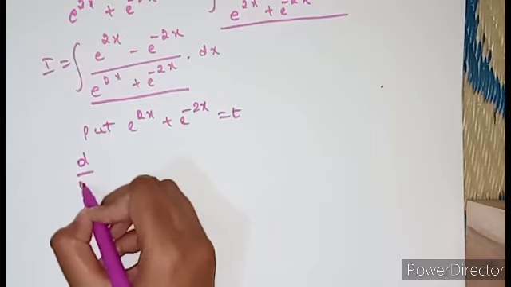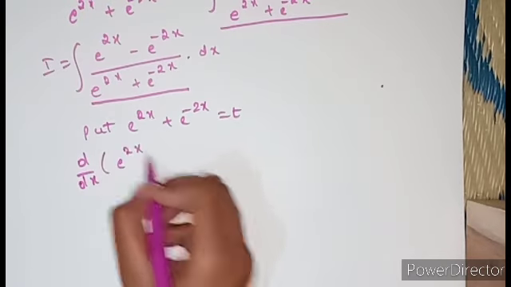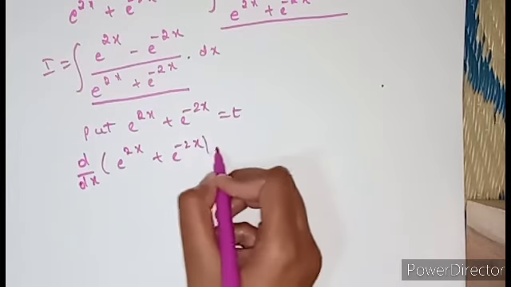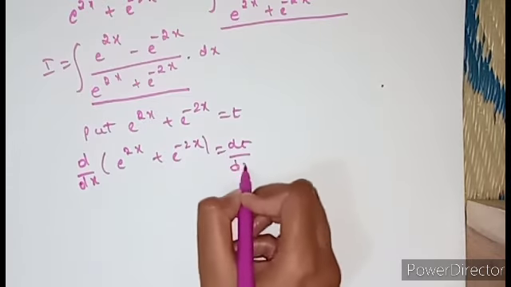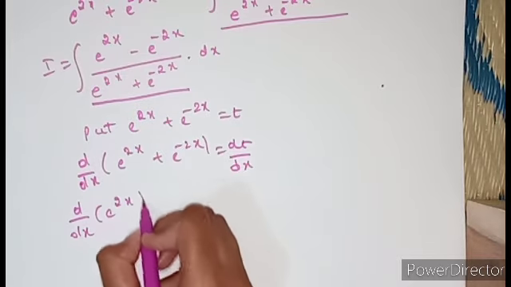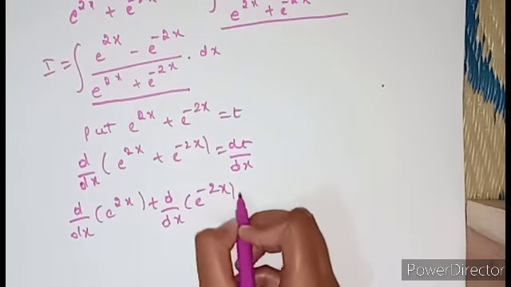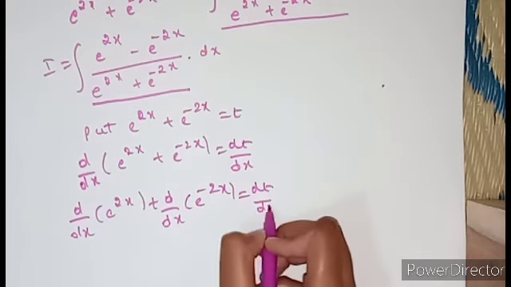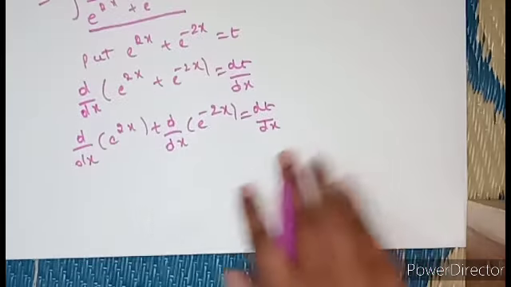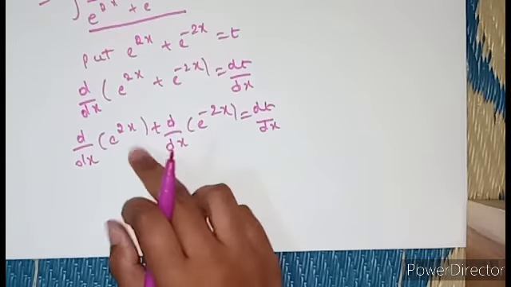Differentiate with respect to x on both sides. E raised to 2x plus e raised to minus 2x equals t, so differentiating, dt upon dx. Differentiate separately: d by dx of e raised to 2x plus d by dx of e raised to minus 2x equals dt upon dx. Now observe, the derivative of e raised to x is e raised to x itself, but here we have 2x.